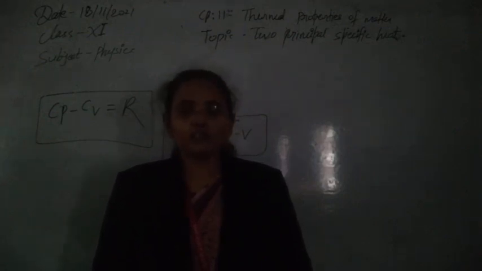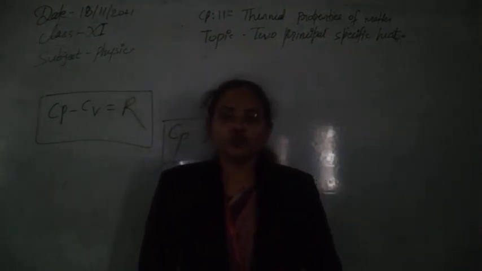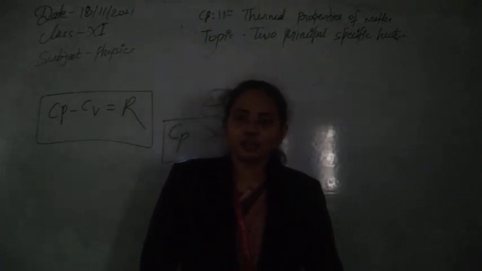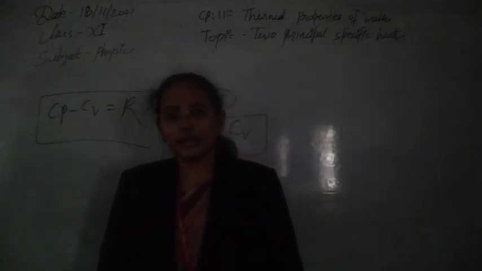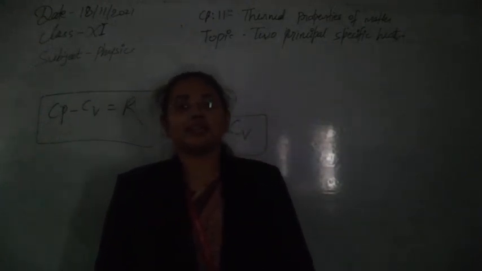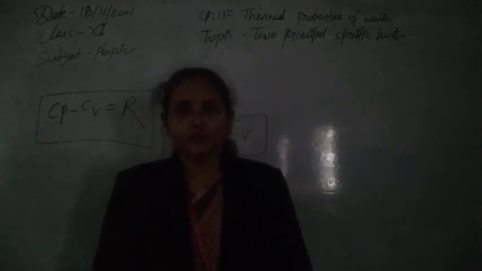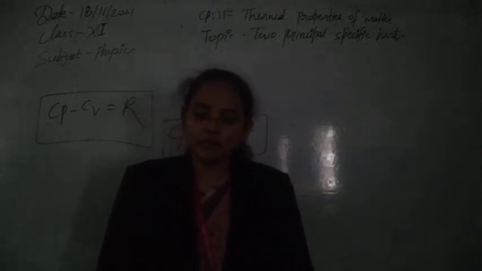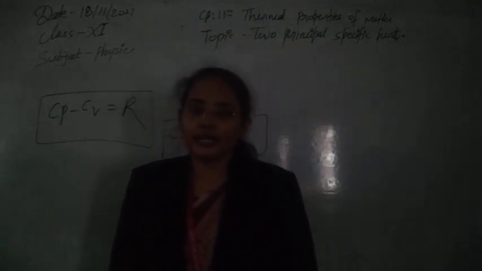In all the phases collectively, heat is transferred by three modes. The first mode is called conduction, the second is called convection, and the third is called radiation. In conduction we need a medium, in convection we also need a medium, but for radiation we don't need any kind of medium.